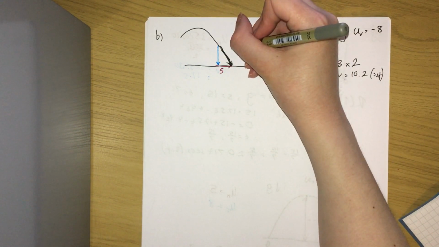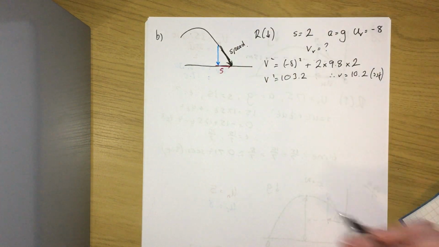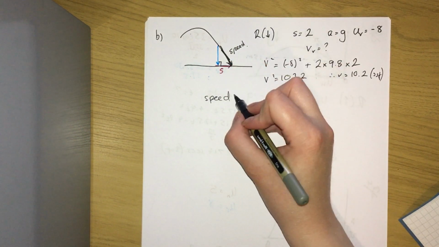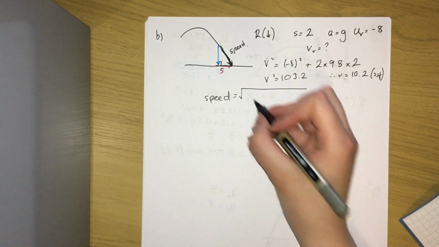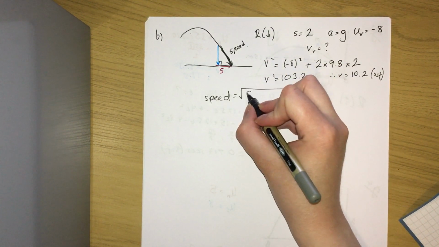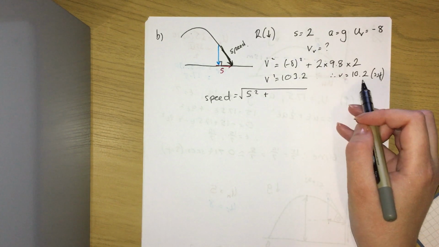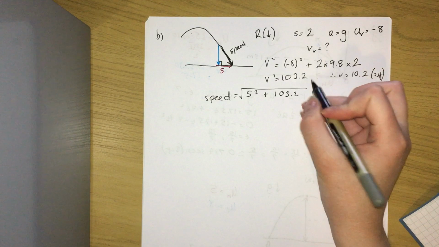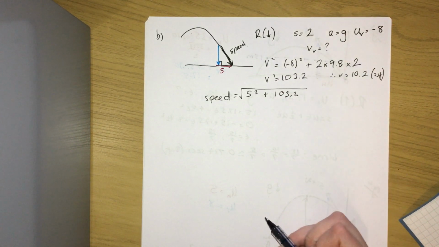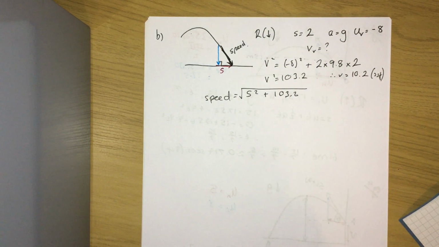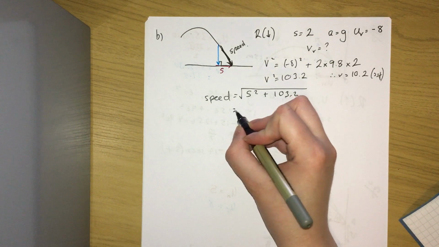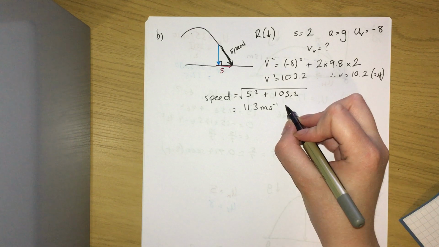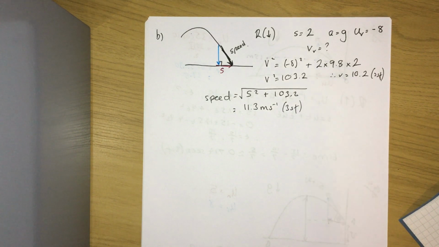I want the speed. Again, I've got Pythagoras. It's the square root of 5 squared plus 10 point blah blah blah squared, which is actually 103.2. So it's quite useful to have that still there, because we need the squared value. So the speed is 11.3 metres per second to 3SF.